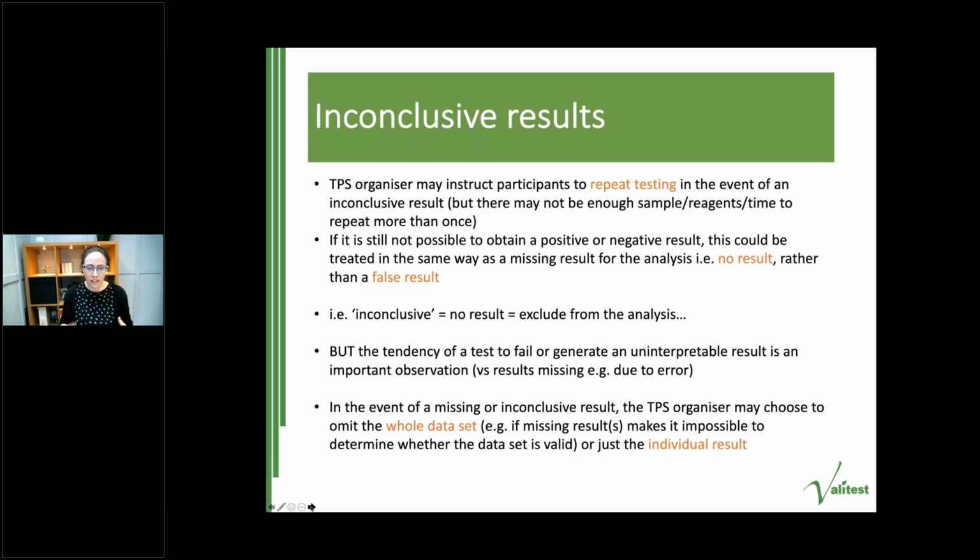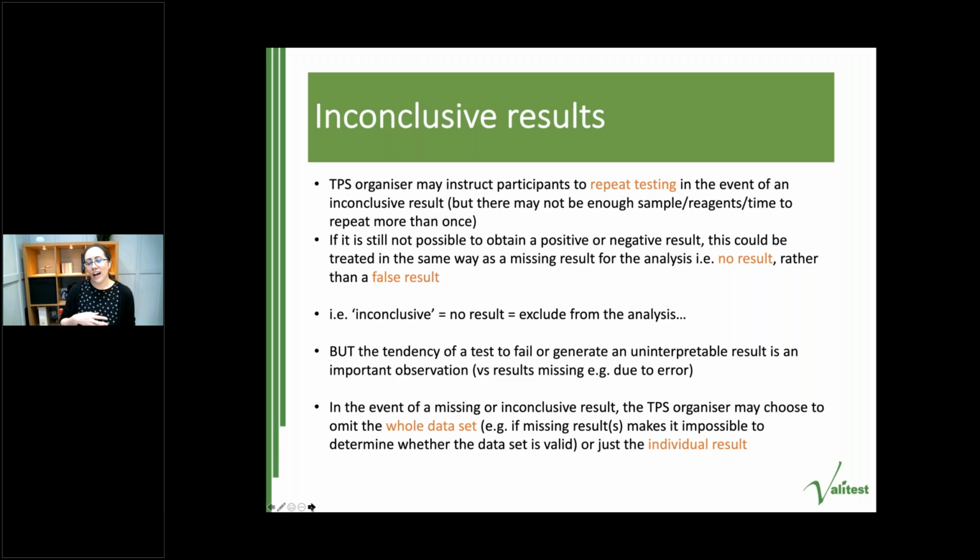Obviously, the tendency of a test to generate uninterpretable results is an important observation, and it's not the same as results missing due to a dropped sample or a lost sample. It actually is a feature of the test, the tendency to generate results which can't be clearly interpreted by the end user.